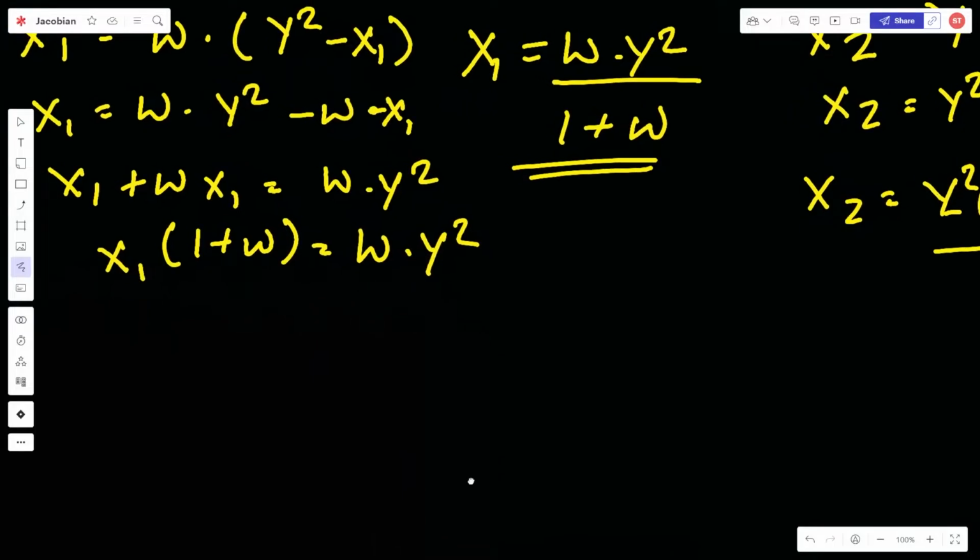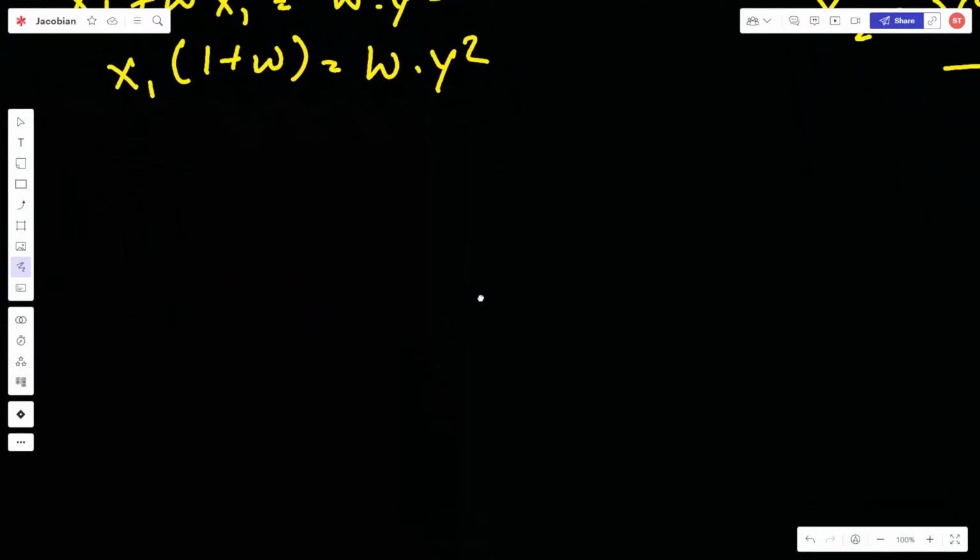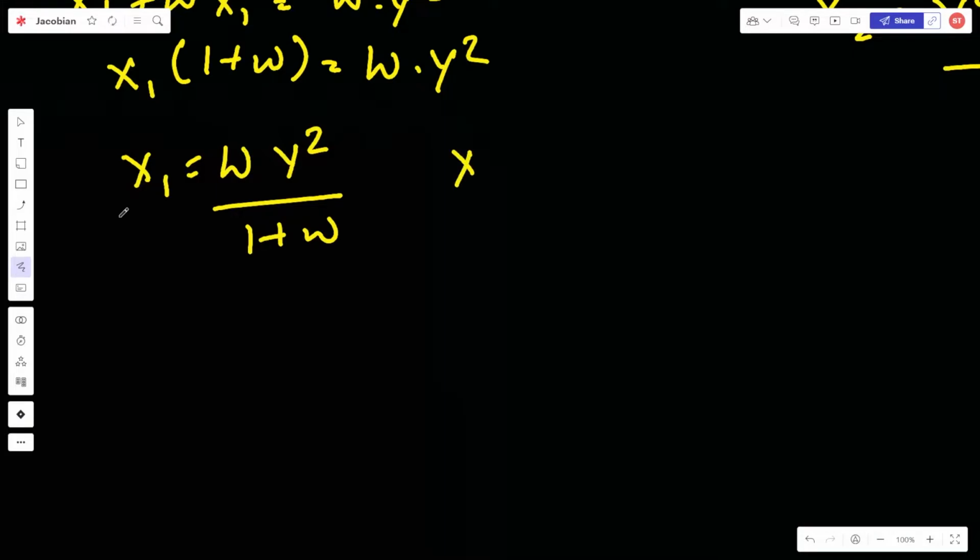Now that we have our x2 and x1, we can go ahead and calculate our Jacobian matrix. So I'm just going to rewrite what my x1 value is. So far we know that our x1 is equal to w times y squared all over 1 plus w, and our x2 equals y squared divided by 1 plus w.